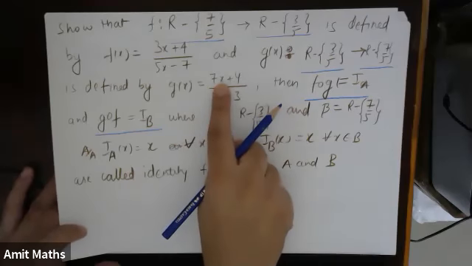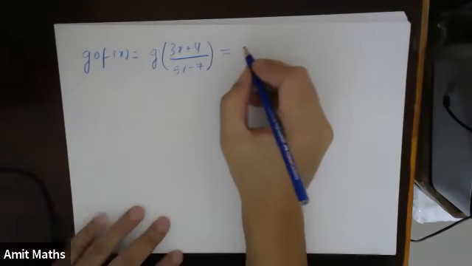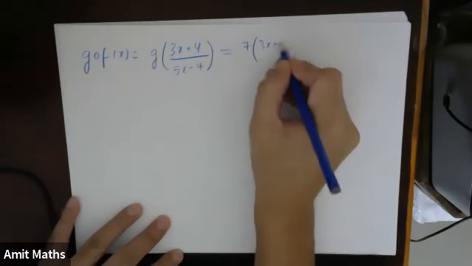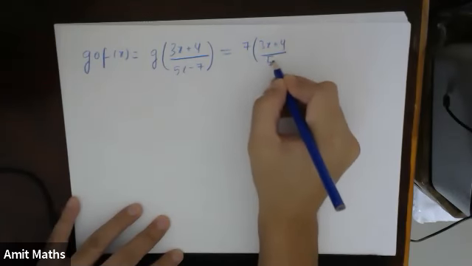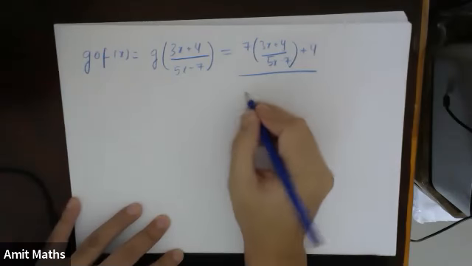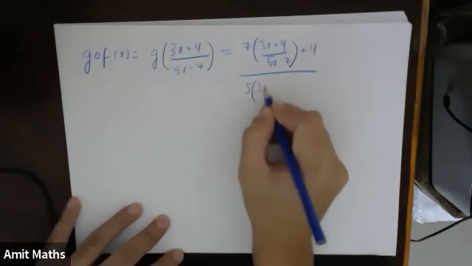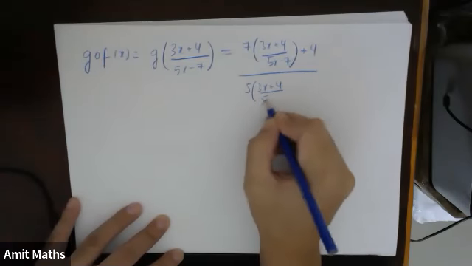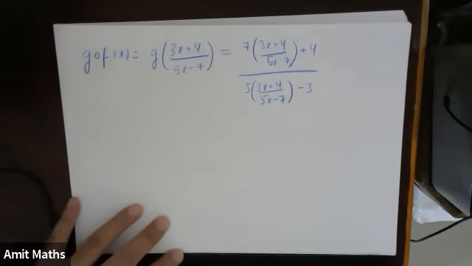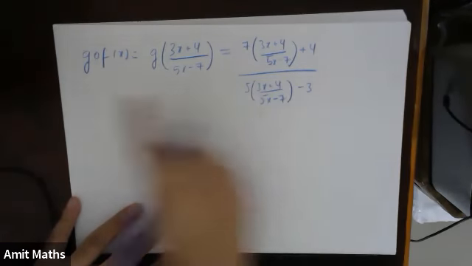So instead of x, I substitute 3x plus 4 upon 5x minus 7. So this is 7 into 3x plus 4 upon 5x minus 7, plus 4, upon 5 of 3x plus 4 upon 5x minus 7, minus 3. This will give you the GOF function.